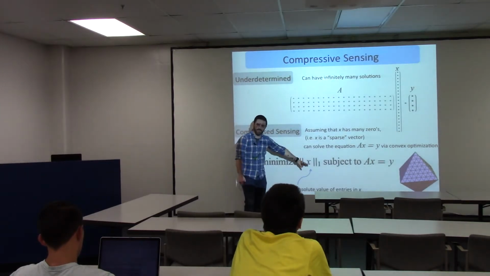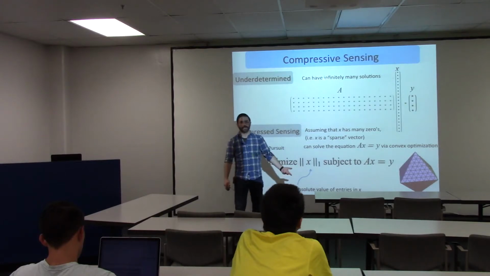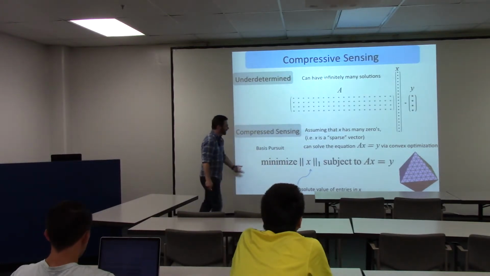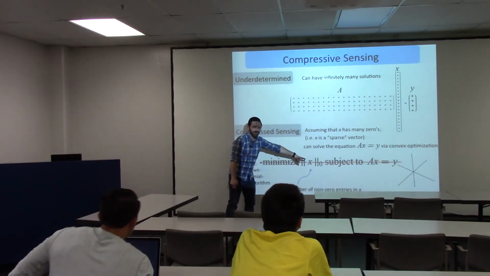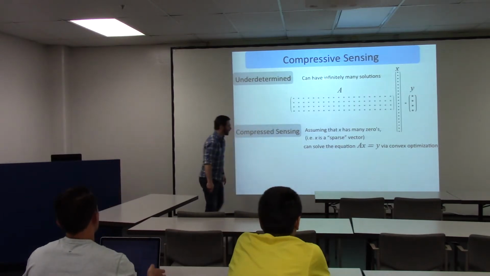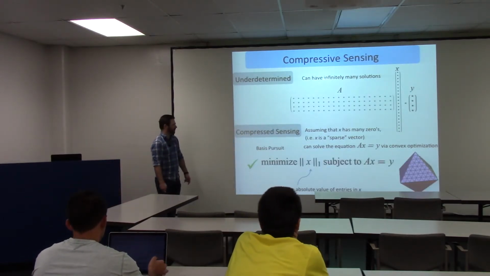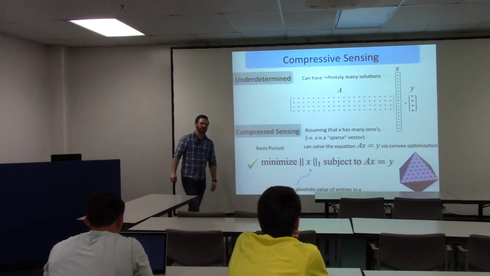There's a unique solution, and you can get it in polynomial time. Which is really cool that you can go from NP hard, just switch your norm, to, hey, look at this, in polynomial time unique solution, which is pretty awesome.